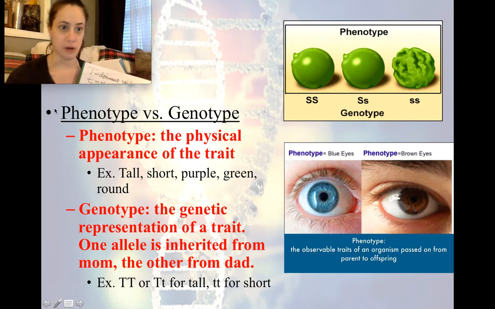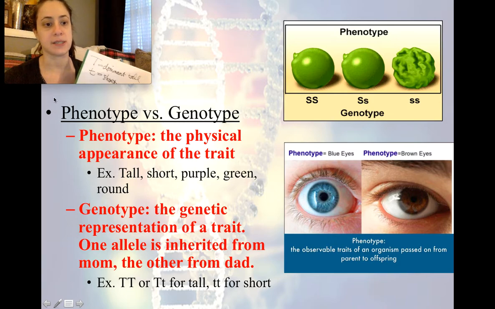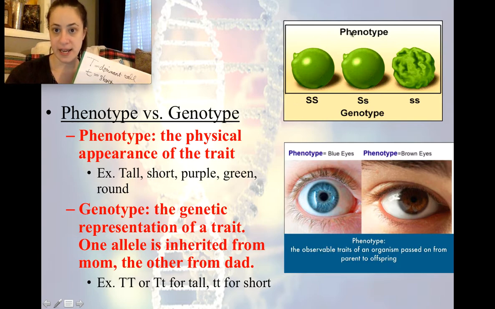And you can remember that because the pH in phenotype, you can think of the pH in physical. So over here in this picture, we see that this pea that has two capital S's for smooth, it is a smooth pea. It has the dominant allele.